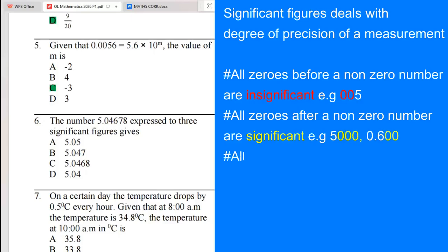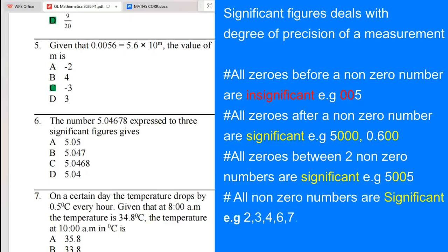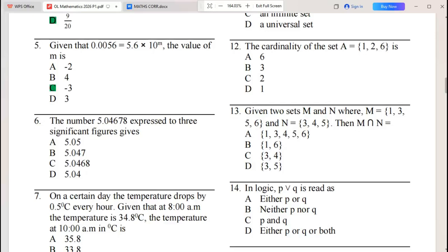For example, 5,000. The 3 zeros behind 5 are considered significant. And the zeros in between two non-zero numbers are considered significant. For example, 5,005. The 2 zeros between 5 and 5 are considered significant. Now in this case, writing this number in 3 significant figures, we have 5 as our first significant figure, 0 as our next significant figure, and 4 as our third significant figure.